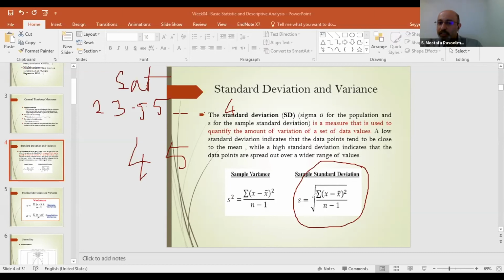N is the number of samples. If x and x bar are very close, so all answers are very close to the mean value, this means the standard deviation is very low. When it is very low, the changes of answers are very low.